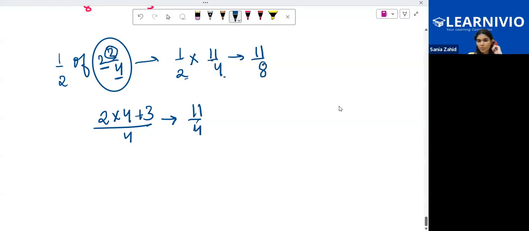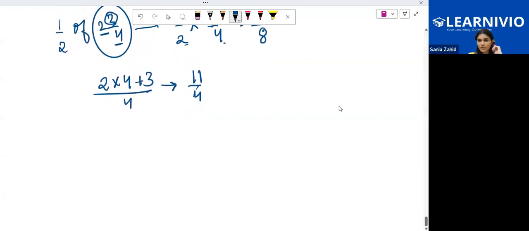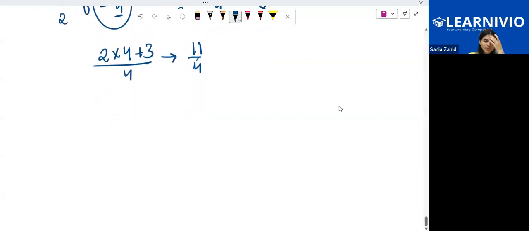Now 11 upon 8 is proper or improper? 11 by 8 is improper. Improper. So what you do with improper fractions, you convert them into mixed fractions. How do you convert them into mixed fractions? By dividing 11 by 8. Yeah. So you will divide it. 8 into 1 is 8. So 3 will be left.